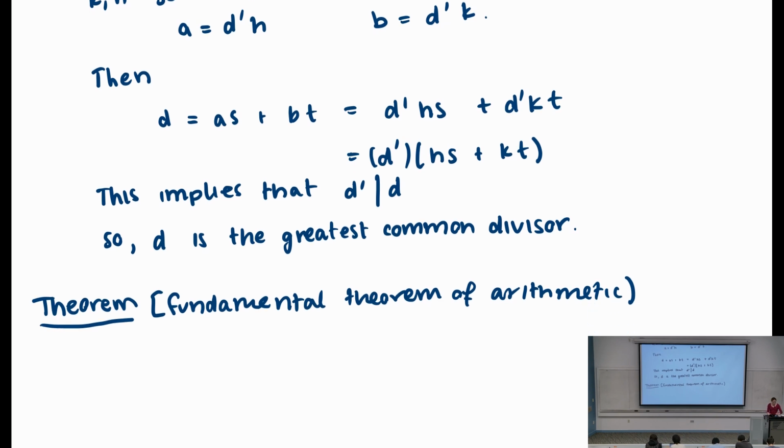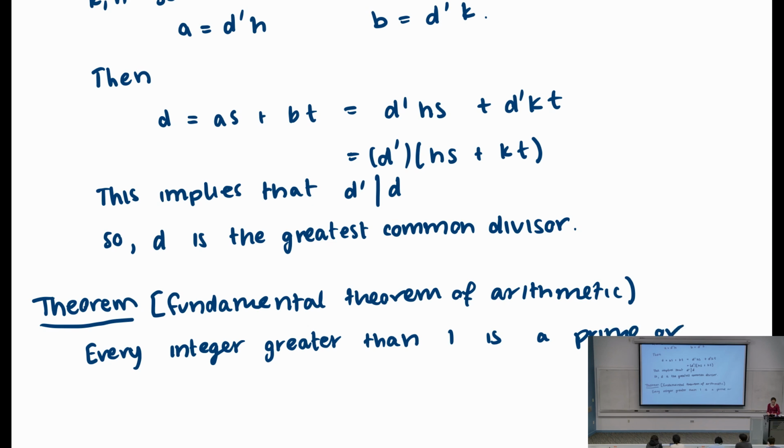This says that every integer greater than 1 is a prime or a product of primes.